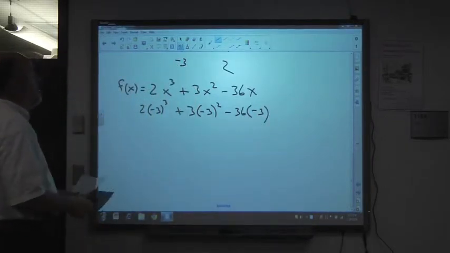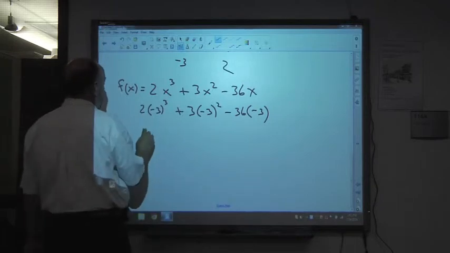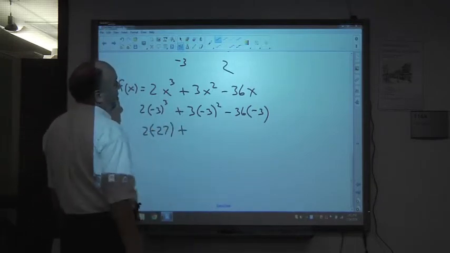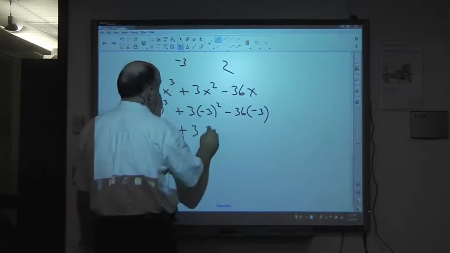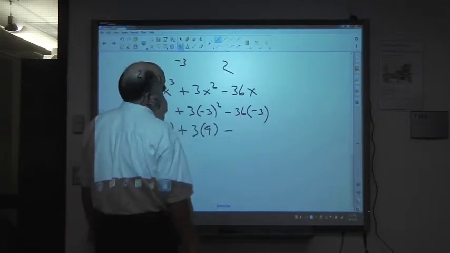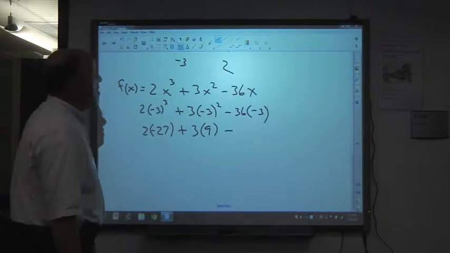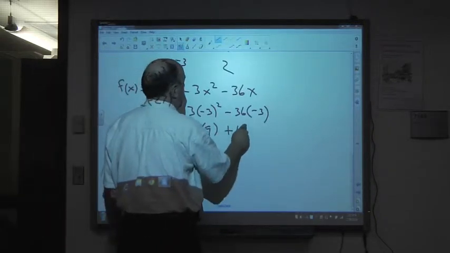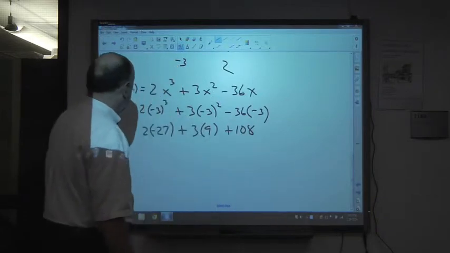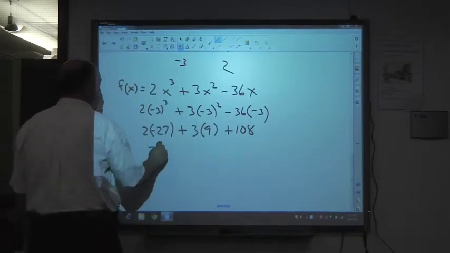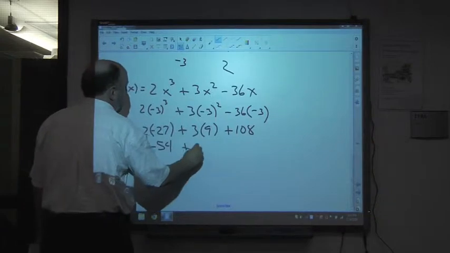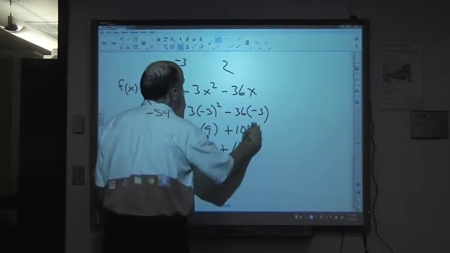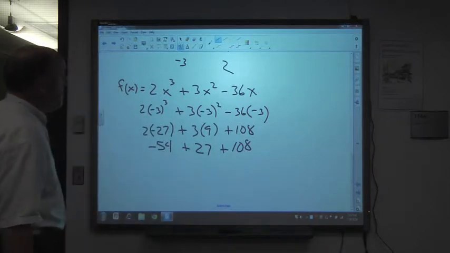Well, negative 3 cubed is a negative 27. Negative 3 squared is 9. And 36 times 3 will be actually a positive 108. So this will be a minus 54. This is 27. And this is 108.